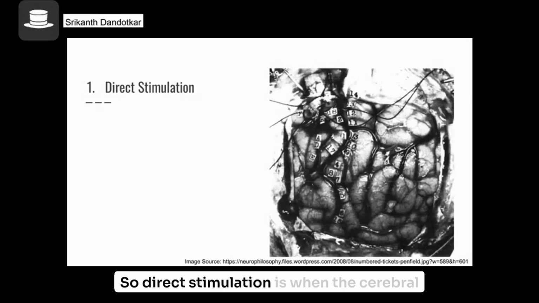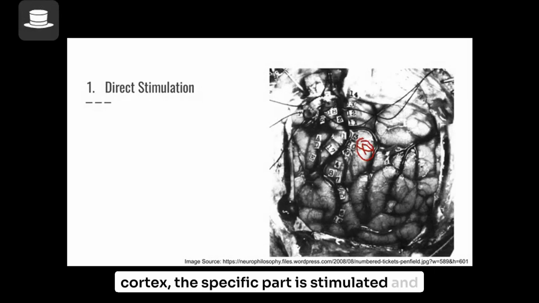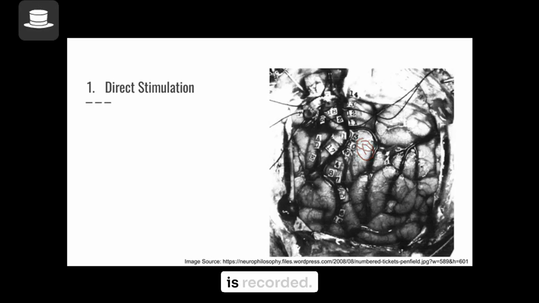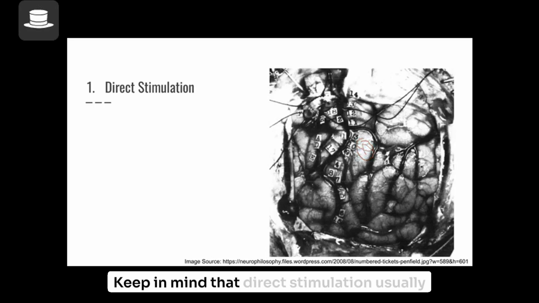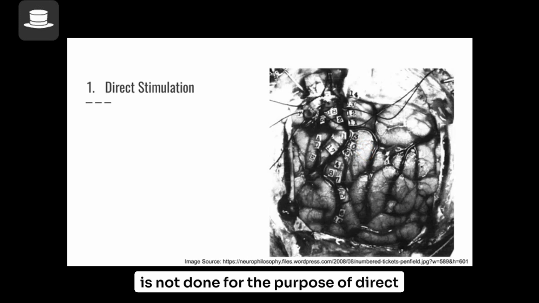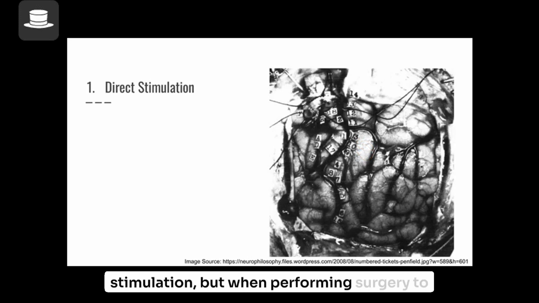So direct stimulation is when the cerebral cortex, the specific part is stimulated, and the evoked experience reported by the patient is recorded. Keep in mind that direct stimulation usually is not done for the purposes of direct stimulation, but when performing surgery to the brain with the open skull, this could be another thing that the physician might be interested in checking. That way they can connect the structure of the brain to the functions.